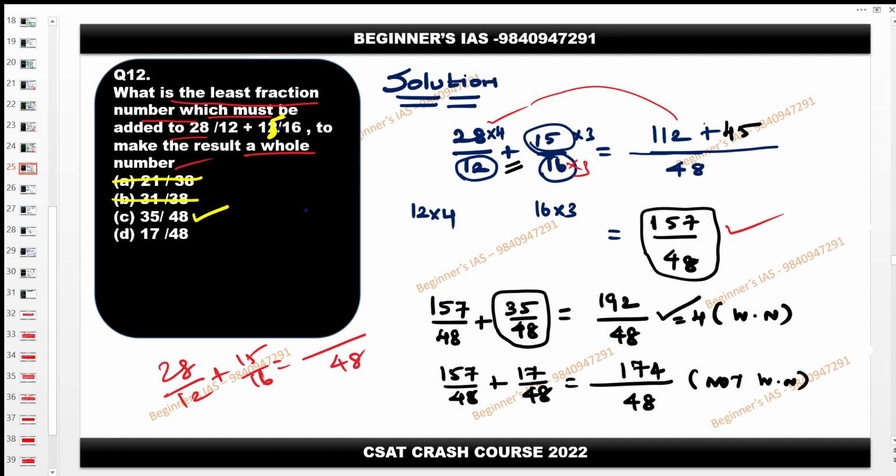After substituting 35 by 48 and taking the LCM again, 192 by 48 is completely divisible. It gives you a whole number. When you take 17 by 48, 174 by 48, it is not a whole number. It gives you a mixed fraction. So that is not the answer.